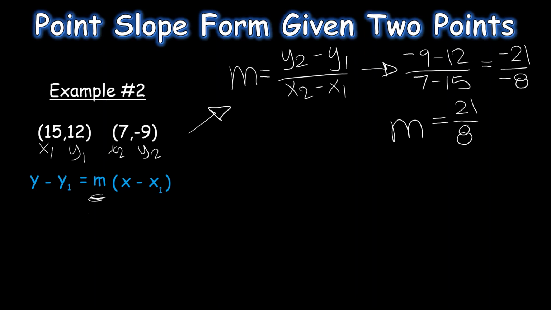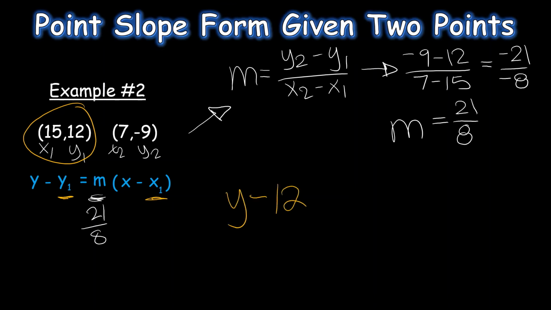So we plug that into our equation for point-slope form, and now we just use the values given to us for our coordinate points to fill in our y sub 1 and our x sub 1. So our point-slope form equation for example 2 will be y minus 12 equals 21 over 8 times x minus 15.